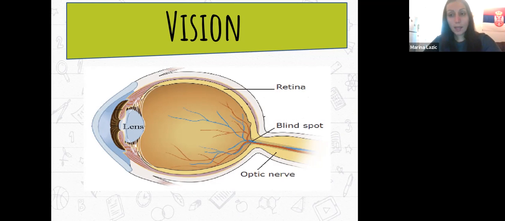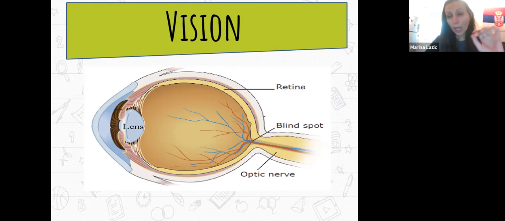Then at the lens, light rays are going to interact, overlap, and they will reach one part of the eye called the retina. The retina is probably the most important part of your eye, because the retina contains some very specific special cells called rods and cones. The rods and cones are called photoreceptors, and you will see in a few moments why those two cells matter.